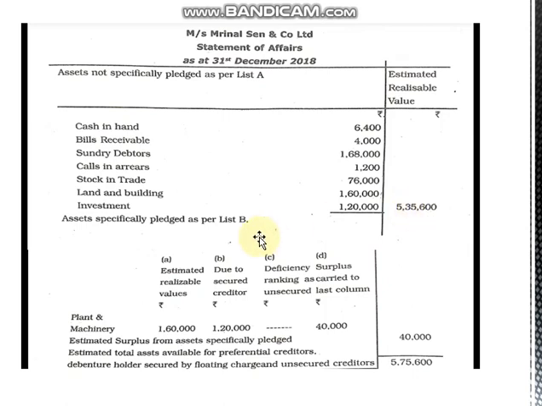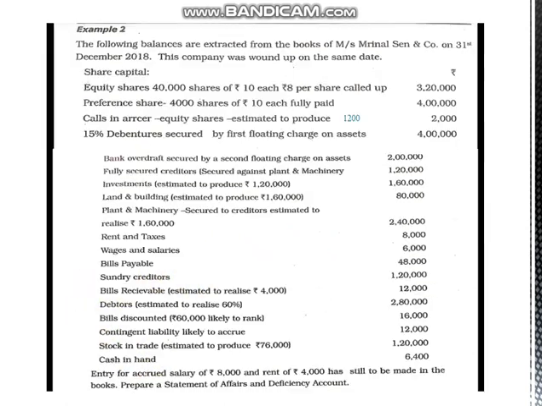Assets specifically pledged as per list B. We are taking plant and machinery for this because in the question you can see that plant and machinery is secured to creditors, estimated to realize 1,60,000 rupees. The company has secured plant and machinery for paying their creditors.